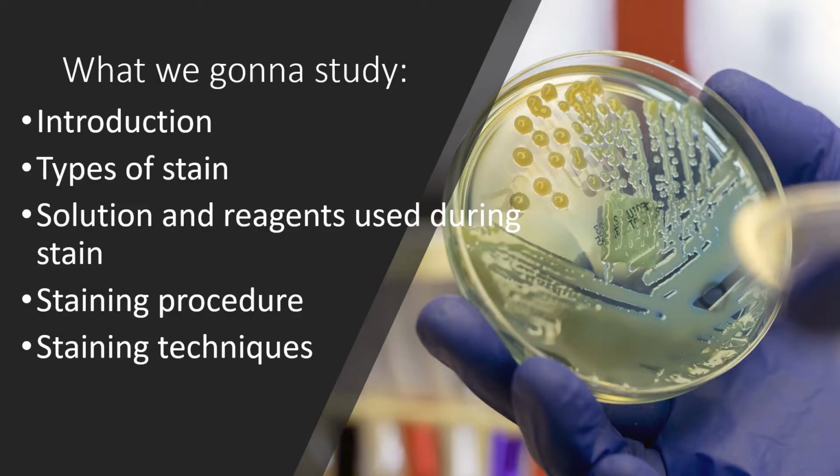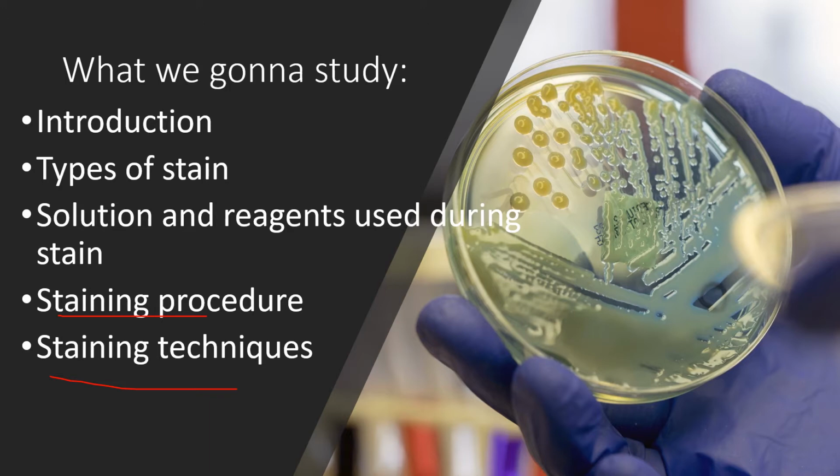Moving ahead. So what are we going to study in this part? In this staining series: the introduction, the types of stain, solutions and reagents used during the staining procedure, and staining techniques. Staining techniques like acid fast staining, gram staining and all, the staining procedure will be different for light microscope and for electron microscope.